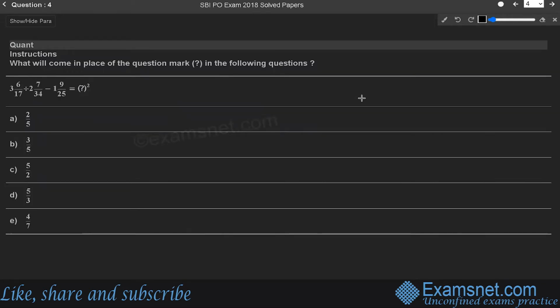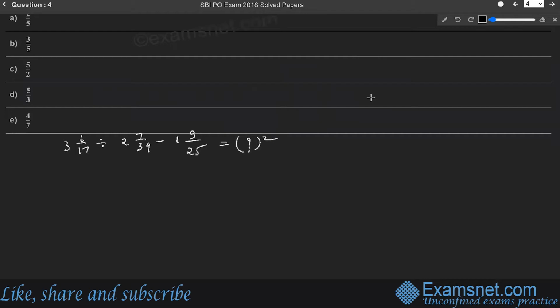Next question is 3 6 by 17 divided by 2 7 by 34 minus 1 9 by 25 is equal to question mark square. So let the missing number here be y. So this will be equal to y square.